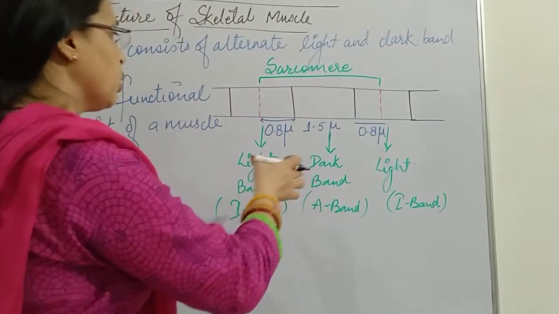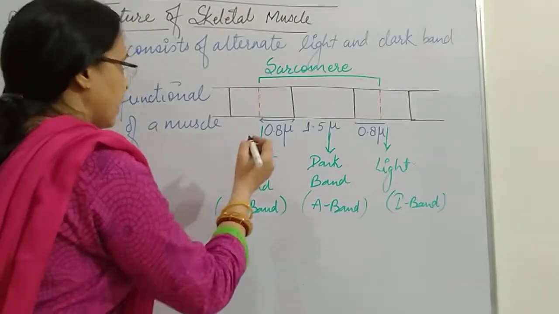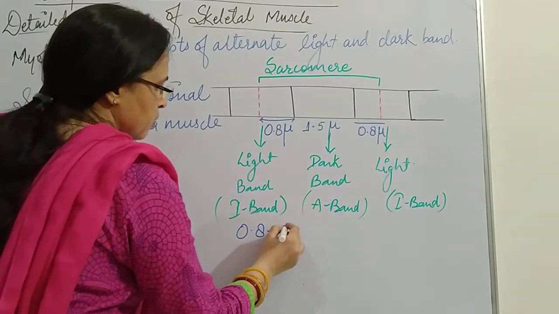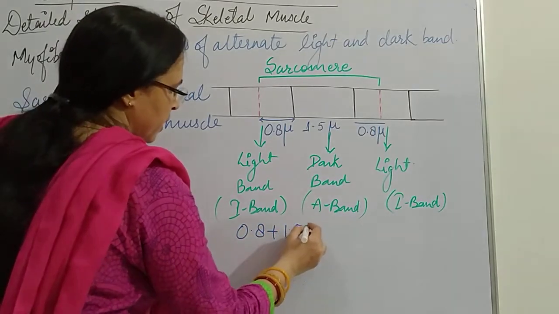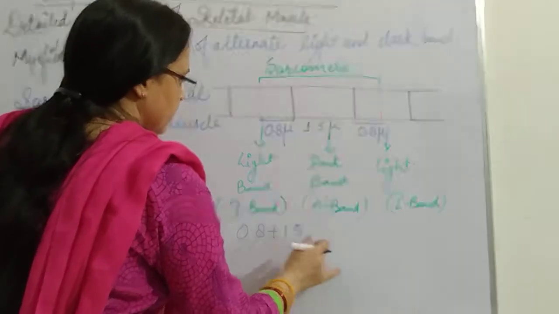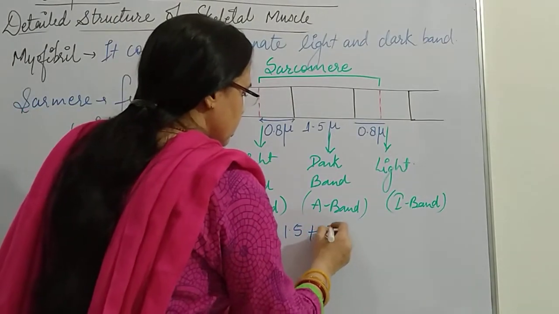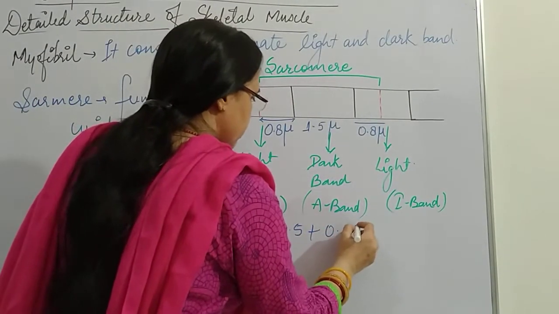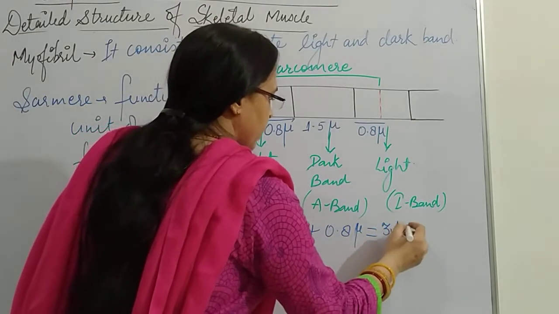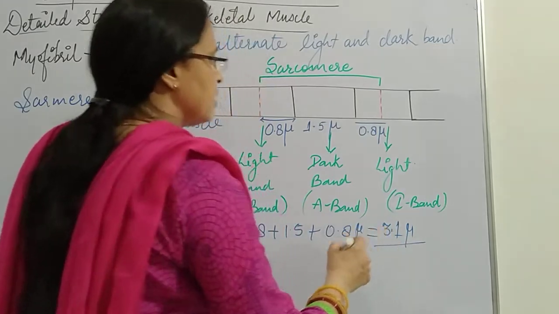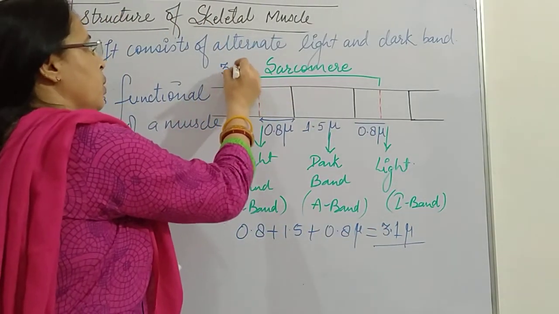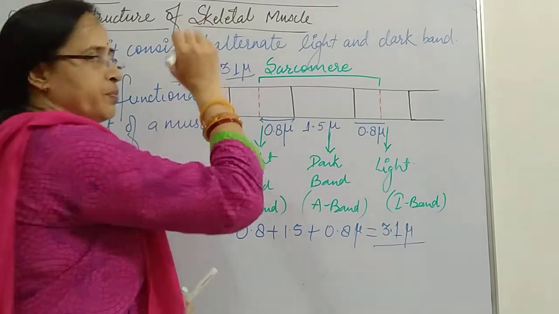So when we add these up, 0.8 plus 1.5 plus 0.8 equals 3.1 micron. That means this is the length of one sarcomere, 3.1 micron.